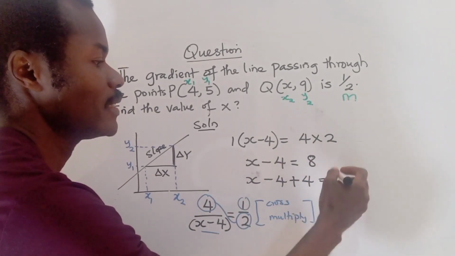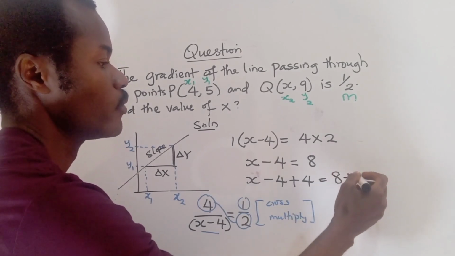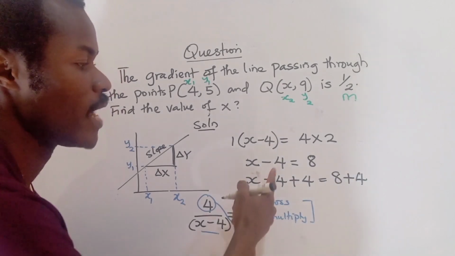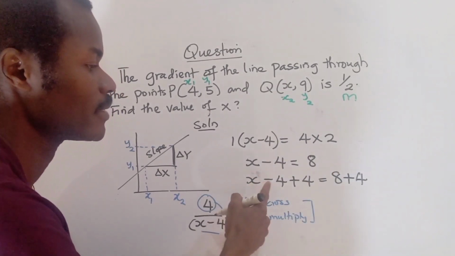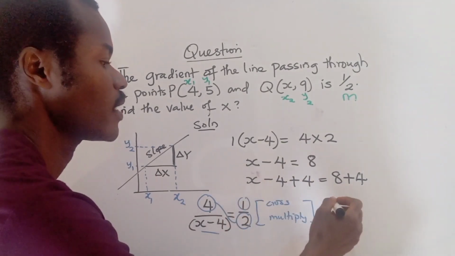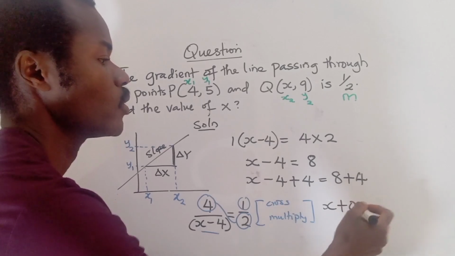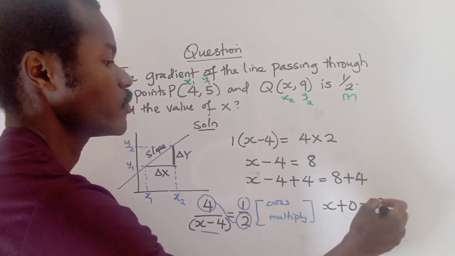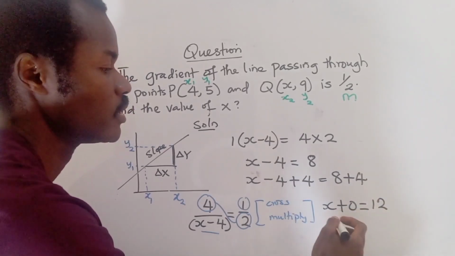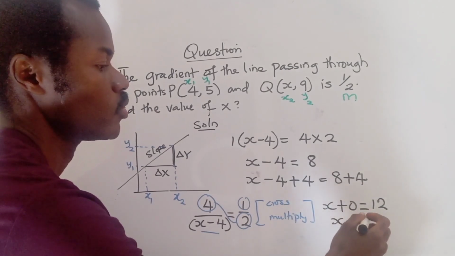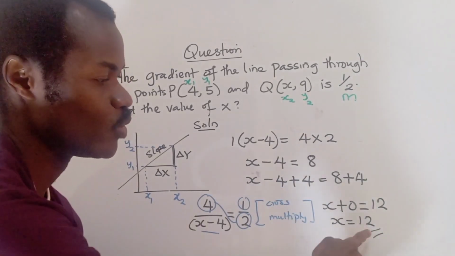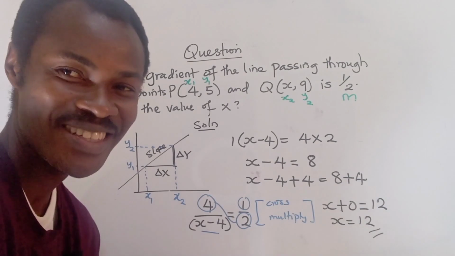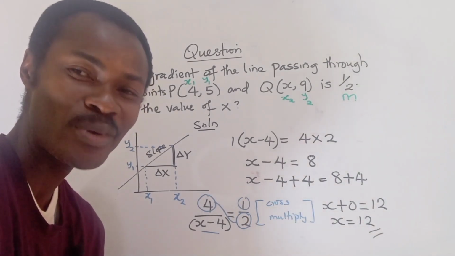So this side is also going to be 8, and we add 4 here and 4 here. So we have x minus 4 plus 4 is 0, so x plus 0 equals 8 plus 4, which is 12. So x plus 0 is x, which equals 12. So our answer to this given problem is 12. That gives us the value of x to this problem.